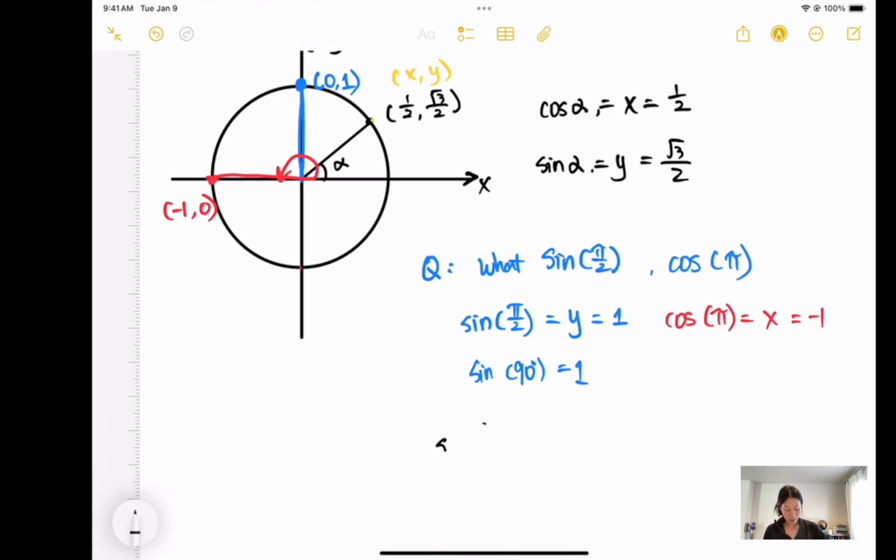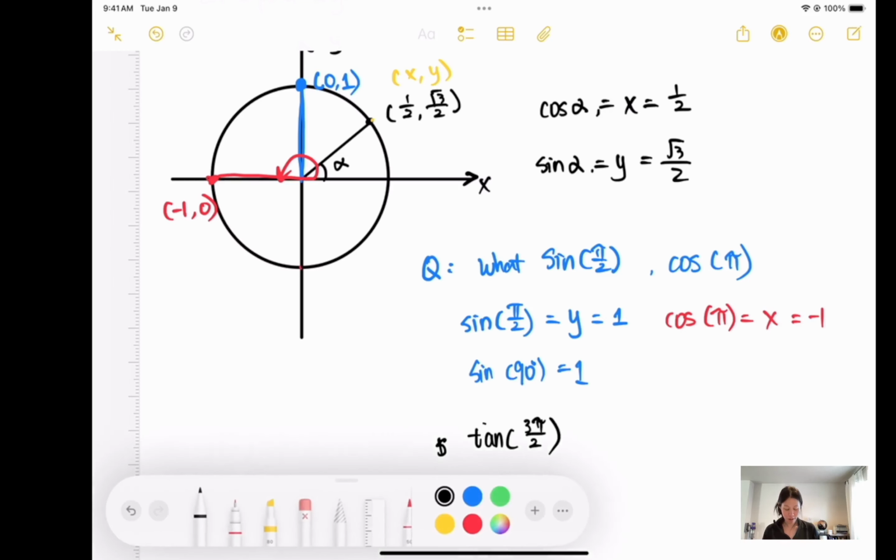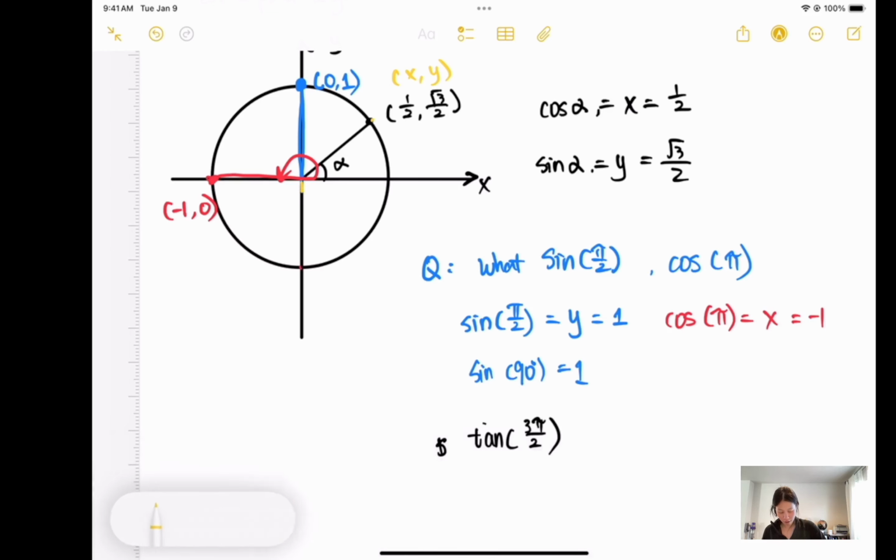What about tangent 3 pi/2? So 3 pi/2 is where? It's on the y-axis, right? But it's the bottom one. I'm going to use the green line. So it would be this angle. So the yellow angle is 3 pi/2. So where's the coordinate point?